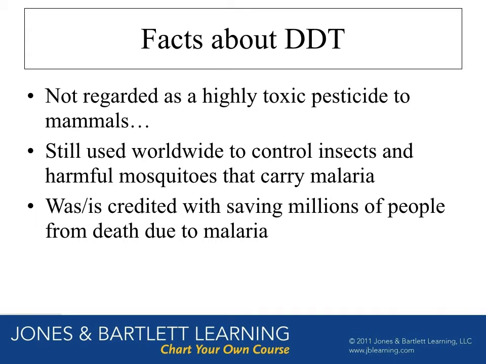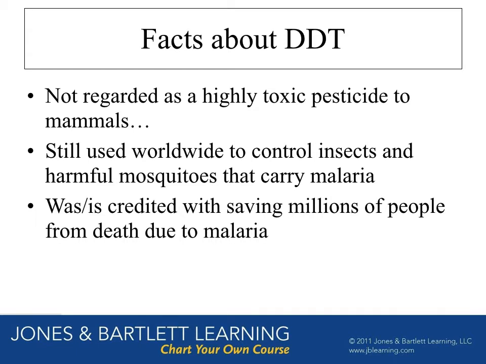It's not a highly acutely toxic pesticide to mammals, although if you get it in significant enough amounts, it can be because of neurotoxicity. It is still used worldwide to control insects and harmful mosquitoes that carry malaria and other disease. DDT is relatively inexpensive to manufacture and sell, and so it continues to be used in those areas where the cost of the disease maybe outweighs the cost of the environmental impact in saving lives and decreasing malaria.